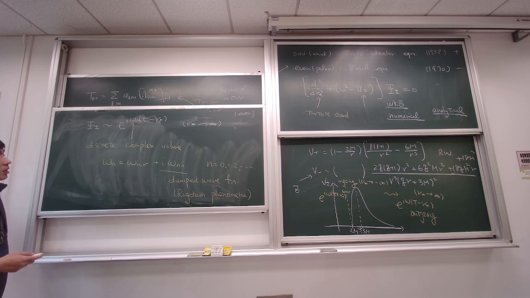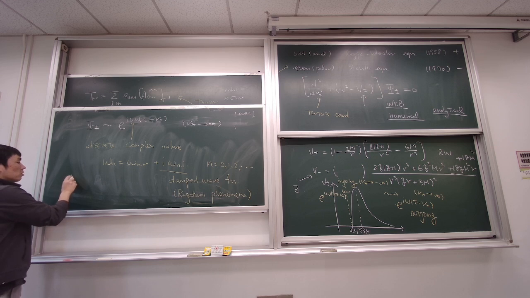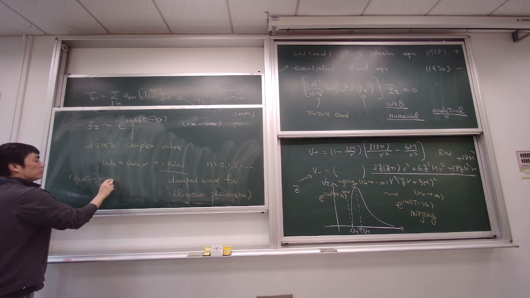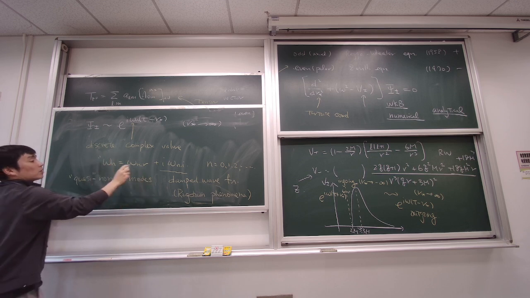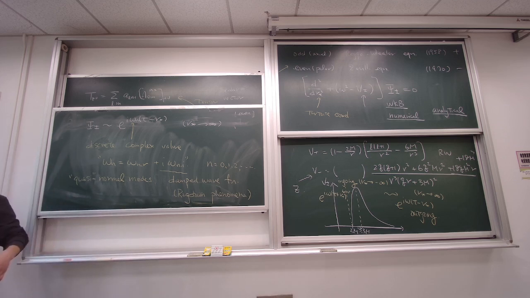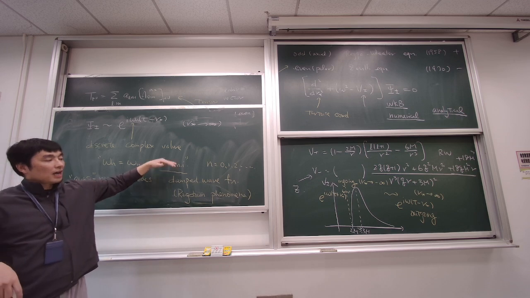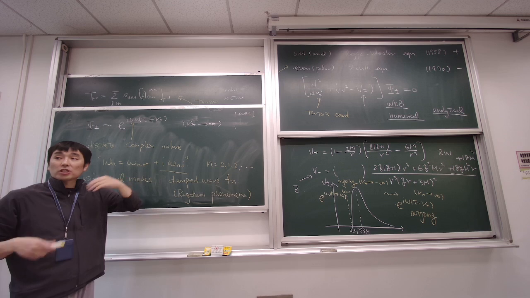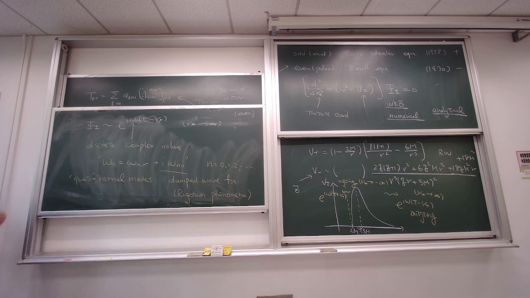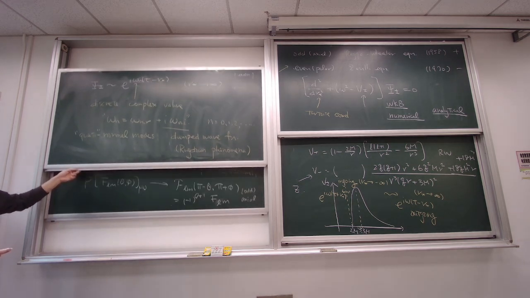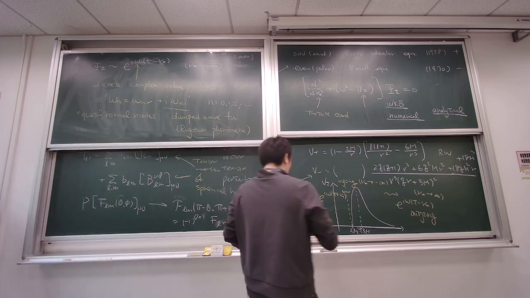And that's why it's called quasi normal mode. Normal mode is just a usual oscillation. Quasi means you have some damped factor due to the imaginary part. So that's why it decays as time passes.